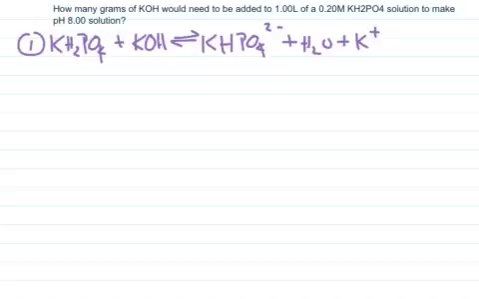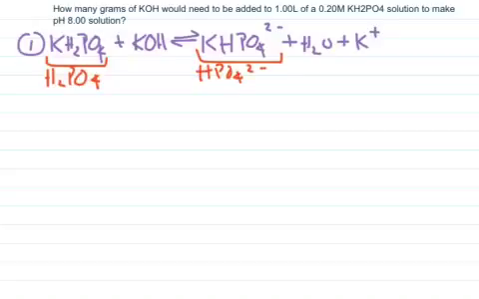I'm going to be focusing on the anions, and I'm going to look at those that are conjugates to each other. The first conjugates I see are the phosphates. Here I have KH2PO4, which we know is H2PO4 minus when we get rid of that potassium, and then we have HPO4 2 minus.